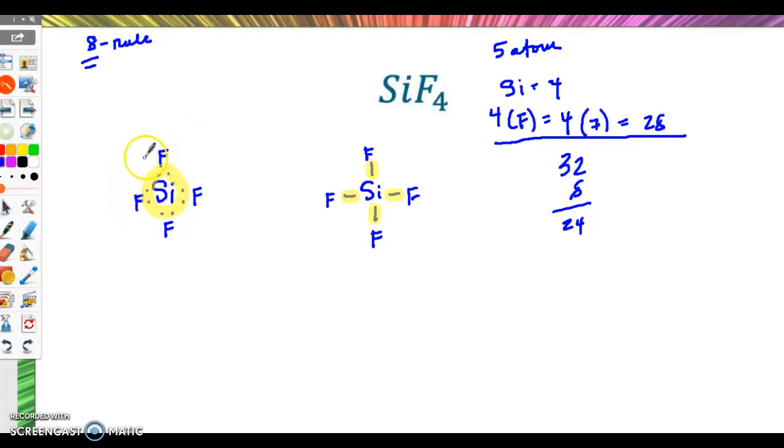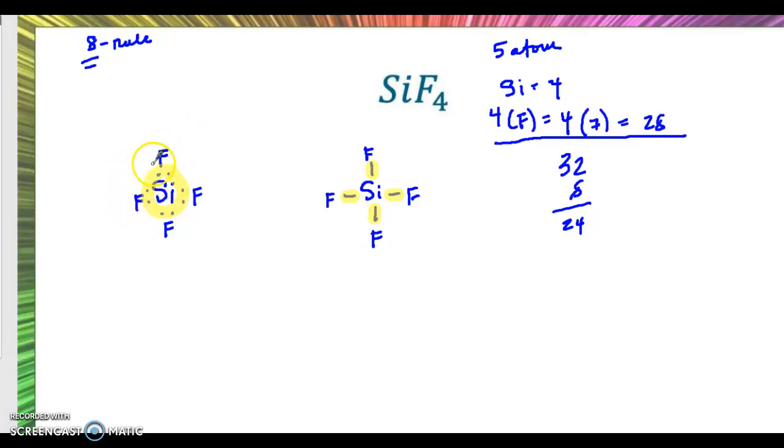I'll start with this one. This fluorine has 2, it wants 8. So I'm going to give it 6 more: 2, 4, 6. And I'm going to do that for each fluorine.